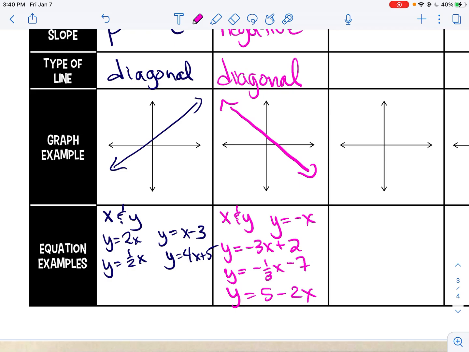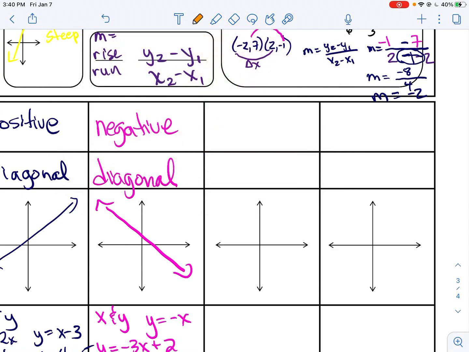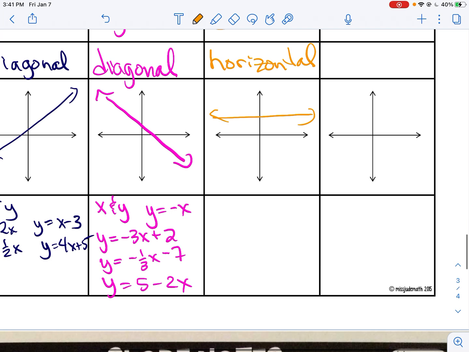So next, if I have a 0 slope, my line is going to be horizontal. It's going to be this way. Oh, that's much better. This is going to have y only.